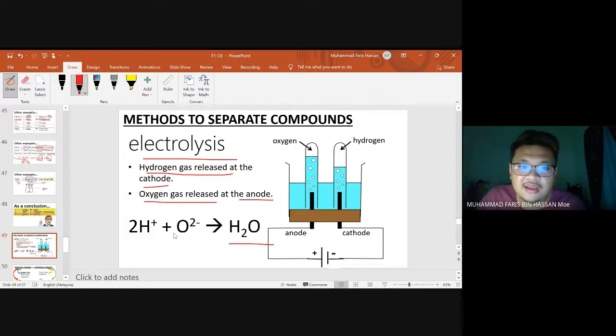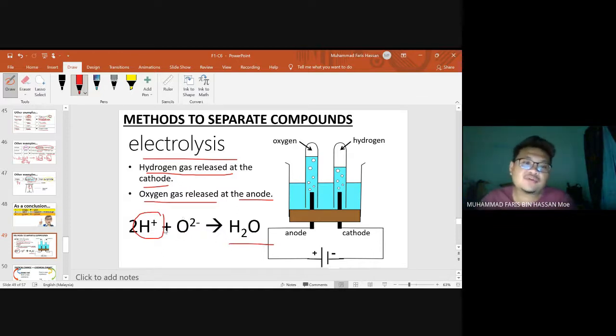2H+ reacts with O2- to form H2O, which is water. Actually, H is positively charged, so this is the positive ion, and O2- is a negative ion.